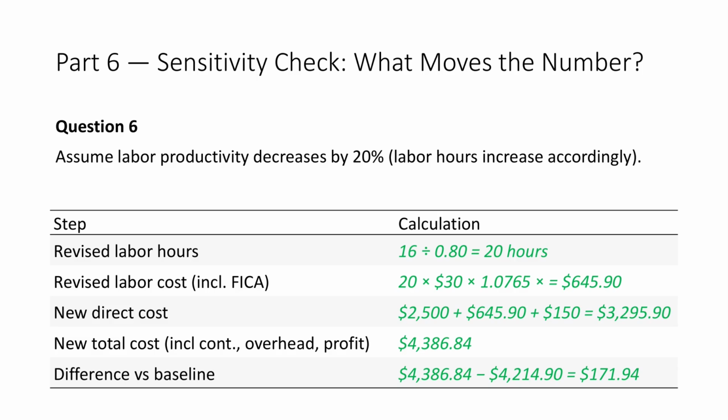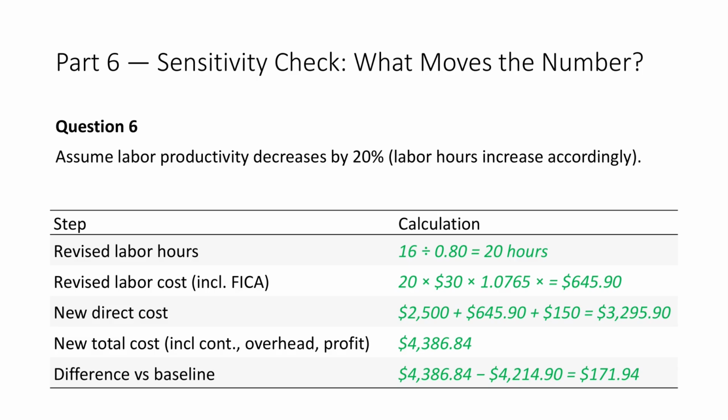It means the same output takes 25% more time. Hours equals 16 divided by 0.80 equals 20 hours. Base labor equals 20 times $30 equals $600. FICA equals 0.0765 times 600 equals 45.90. Adjusted labor equals 645.90. New direct cost equals 2,500 plus 645.90 plus 150 equals 3,295.90.